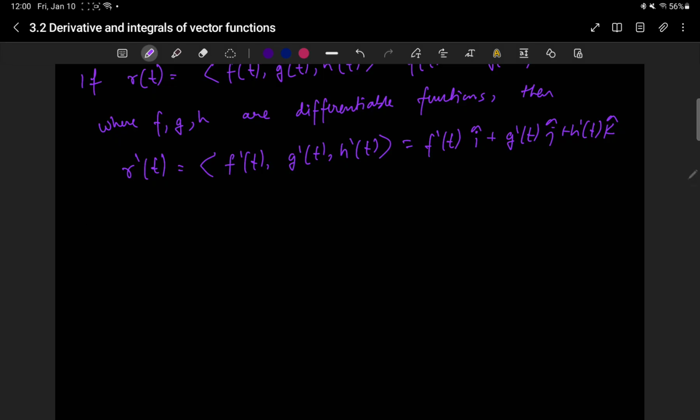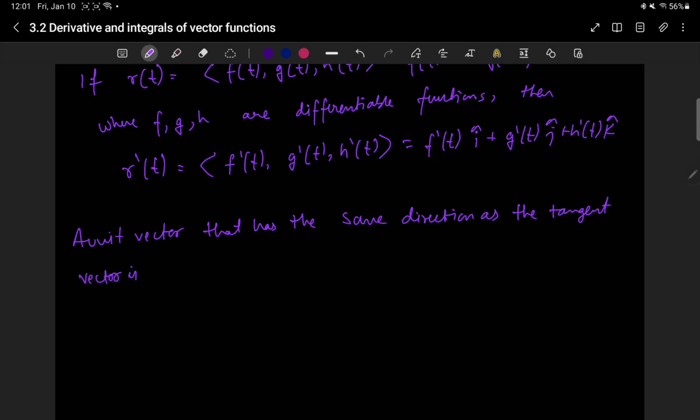Then we have a definition which says that a unit vector, remember that means a vector of length 1, that has the same direction as the tangent vector is called the unit tangent vector, as you would expect to call it.